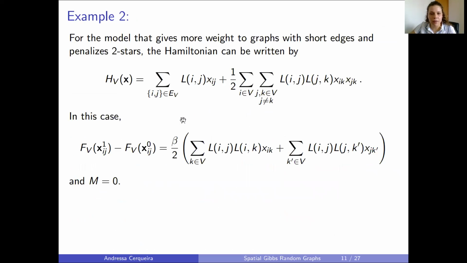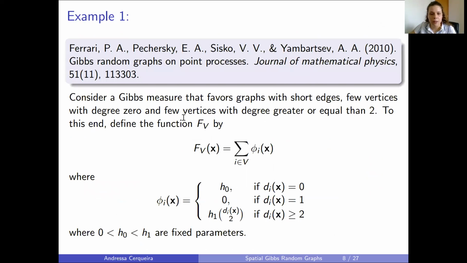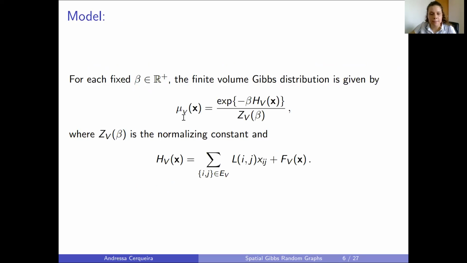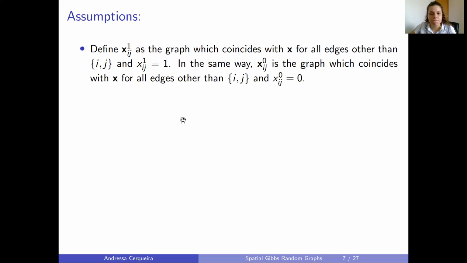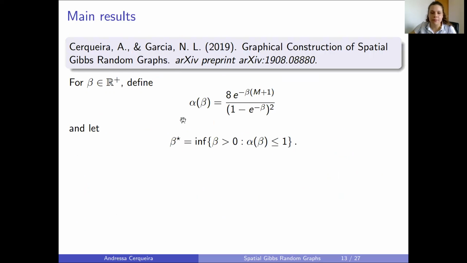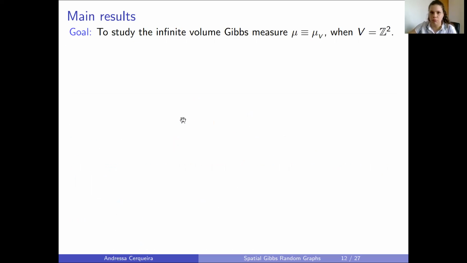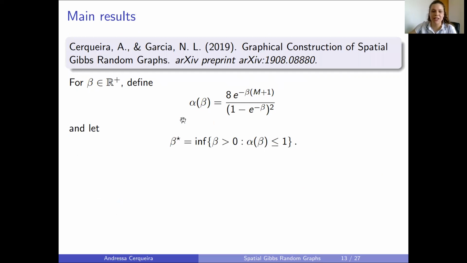I think what will change is this function here, because this function comes from some kind of sum that I do for all the possible neighbors for the edges, and then I have this function here.